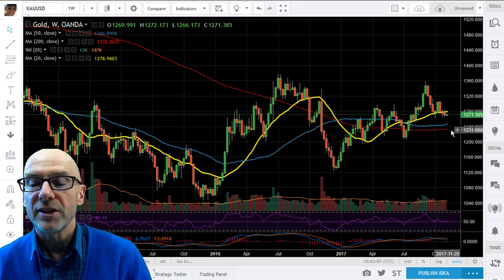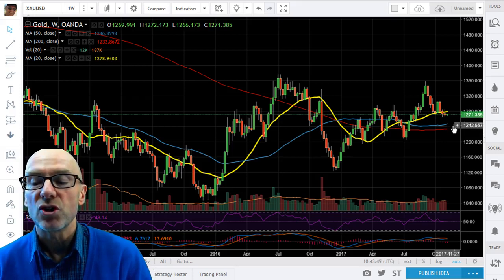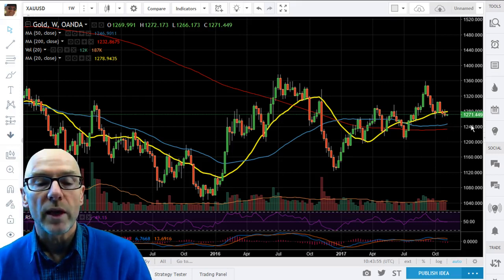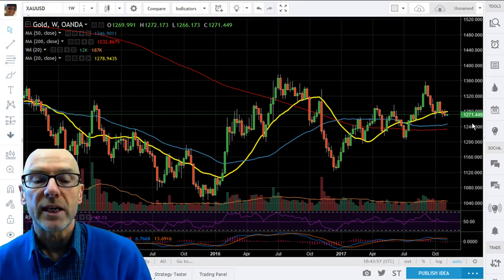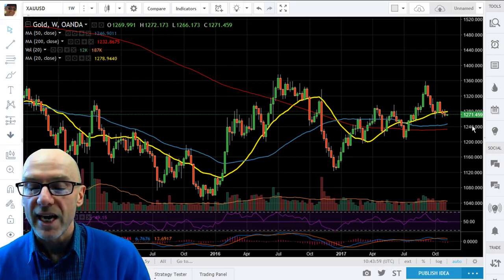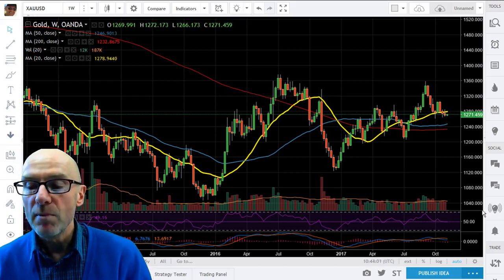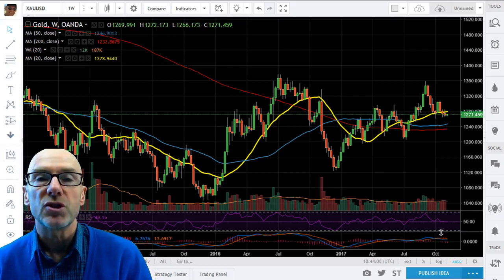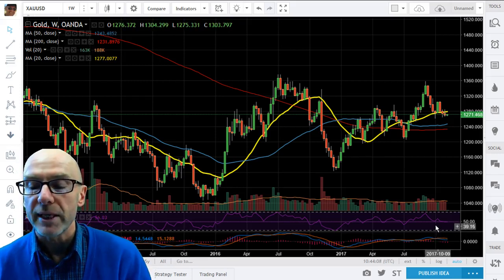To the downside, you can see that the 50 and the 200 are still moving up, and they will give support, although they are quite a long way lower, with the 50-week at 1246.9. Momentum, you can see that the upside momentum that we experienced in July and August has completely been lost.